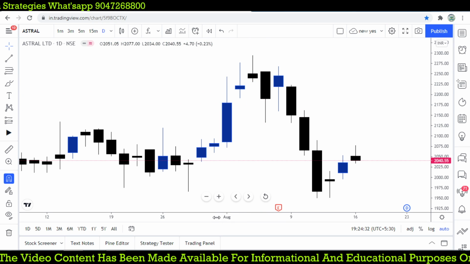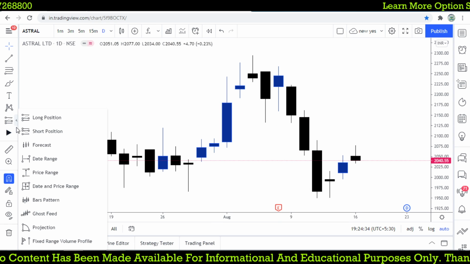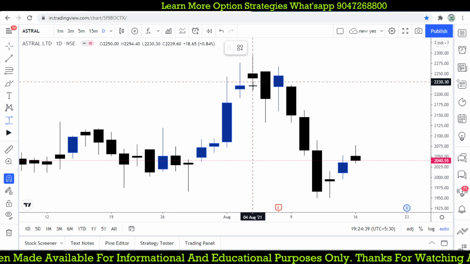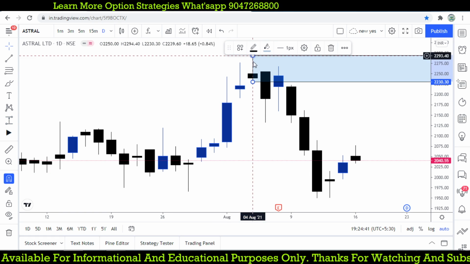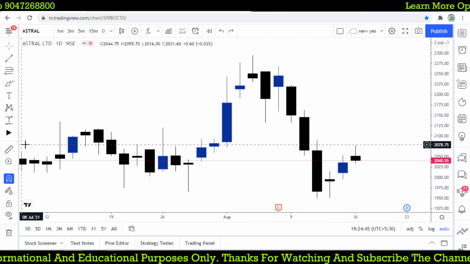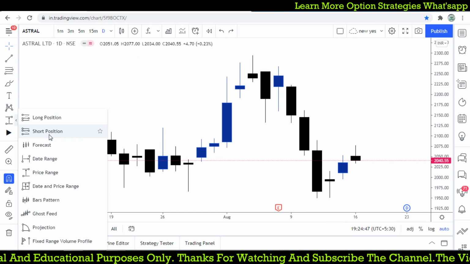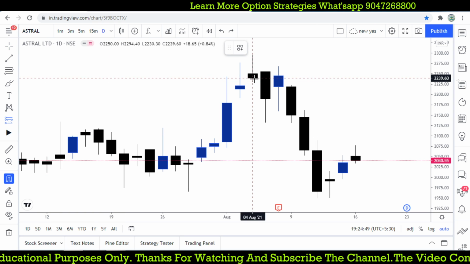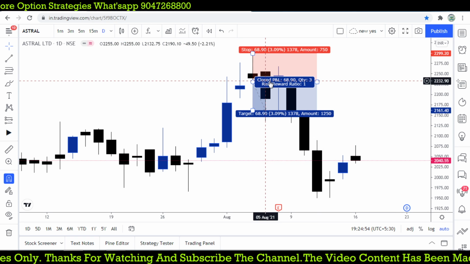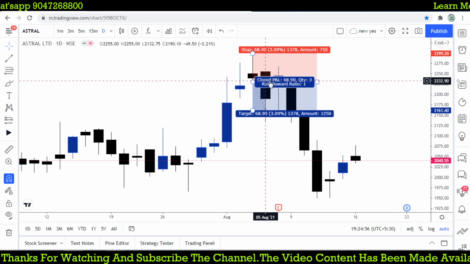How can we do the trade? Once the low of the candle is broken, we can keep the stop loss for the trade. That is what we are focusing on. Let's make a short position at this point, and the risk for the trade is almost 68 rupees.